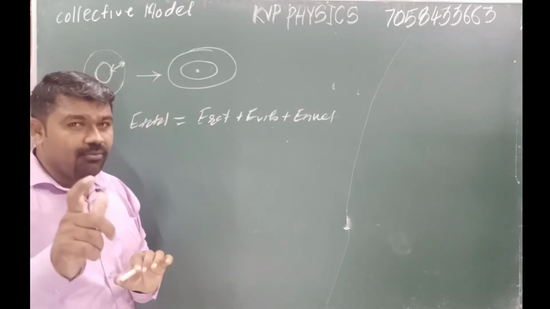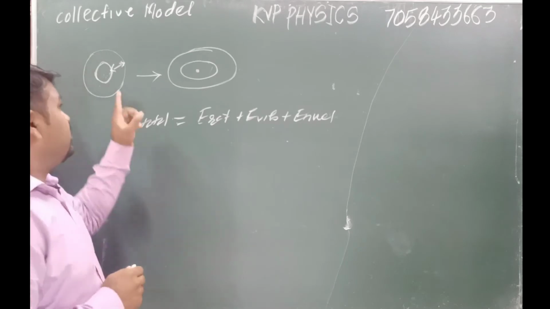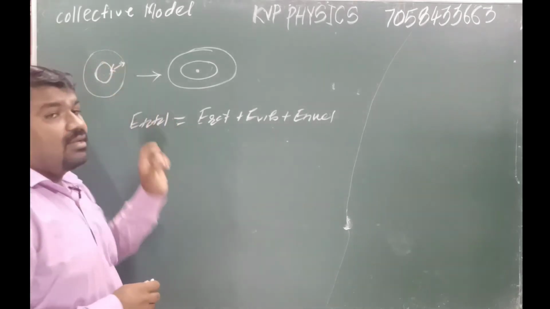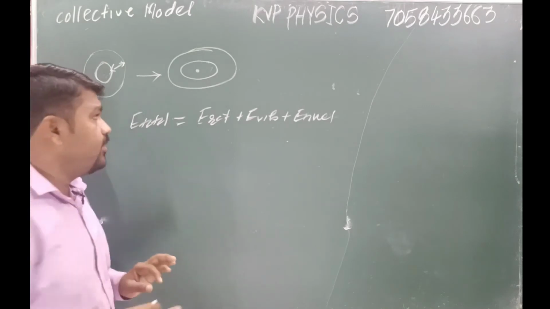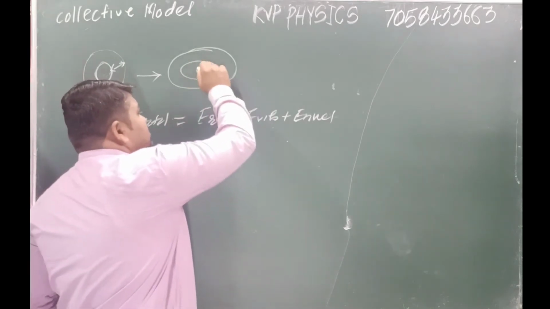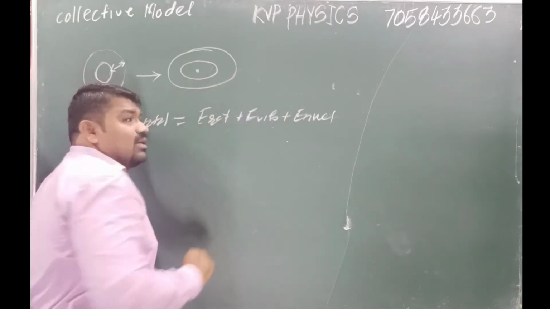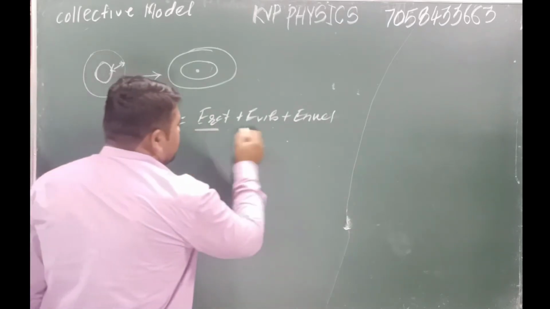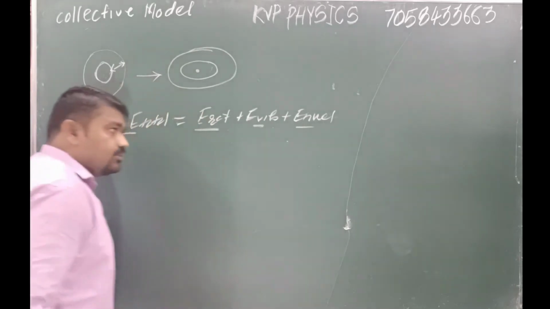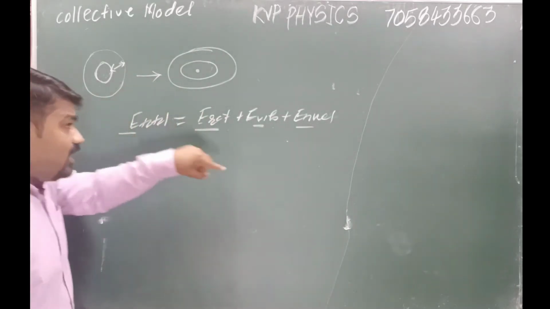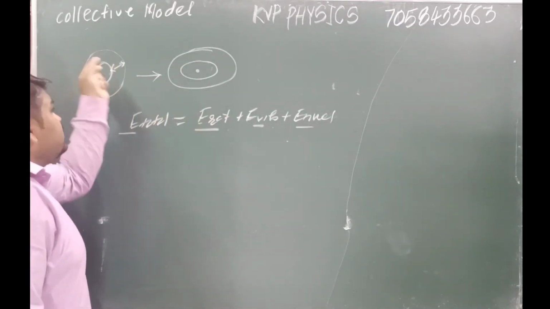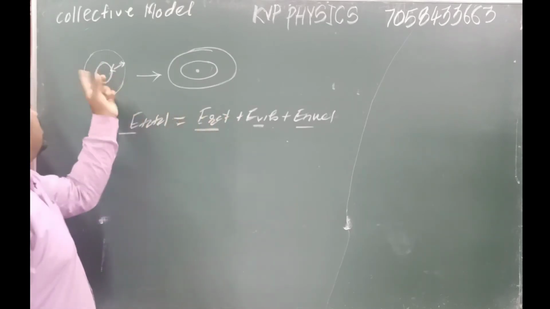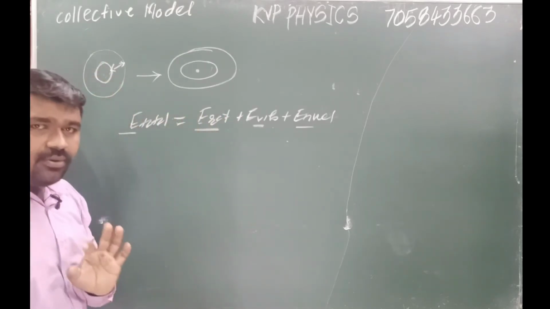The core nucleus is the even nuclide, and the outer one is the loosely bonded odd nucleon. Because the core is symmetric, only even values are allowed in this case. The E nucleonic energy comes from the loosely bonded nucleon, and the other two energies come from the core nucleus.